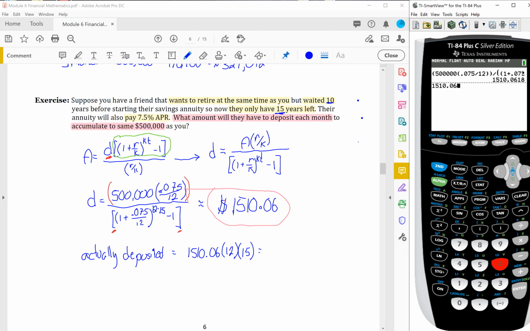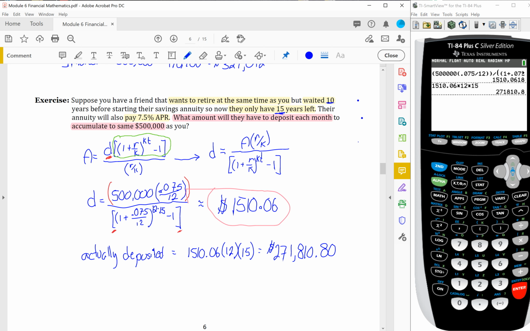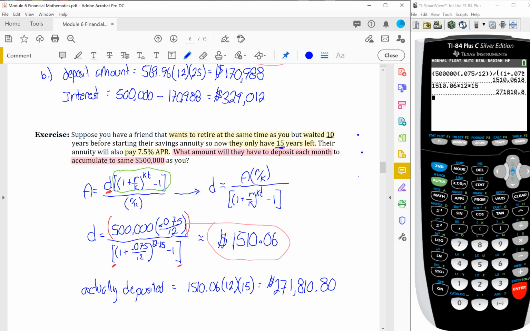Let's not introduce too much rounding error. And we did this for 12 months out of the year for 15 years. So your friend is going to end up depositing $271,810.80. Remember, in comparison, you only had to deposit $170,000. Your friend now has to deposit $271,000. So pretty much $100,000 more they will deposit. Now they're still going to have $500,000. They just have to deposit considerably more to accrue to that amount.